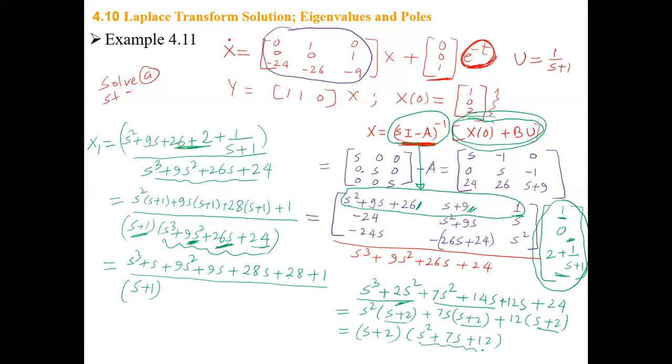Now if you factor this out, you still get 2 factors here. This factor will be s plus 3 and s plus 4. You can do it at home because, similarly, you try s equals -3 and this becomes 0, meaning one of the factors is s plus 3, okay? Similarly, that's why my bottom is s plus 2, s plus 3, s plus 4.